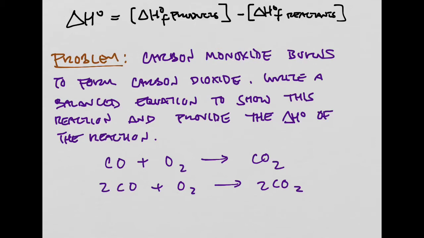The enthalpy of formation for carbon dioxide would simply be carbon plus oxygen yields carbon dioxide. So don't get confused by that. This is just a regular old chemical reaction. What we're going to do is use the enthalpies of formation to figure out the enthalpy change for this entire reaction, which is the combustion of carbon monoxide.